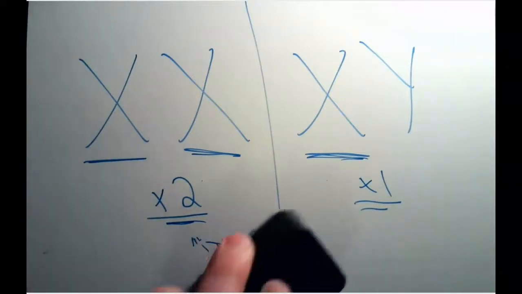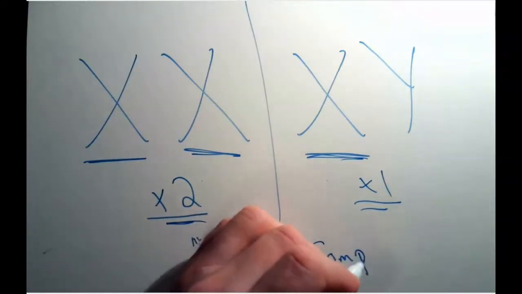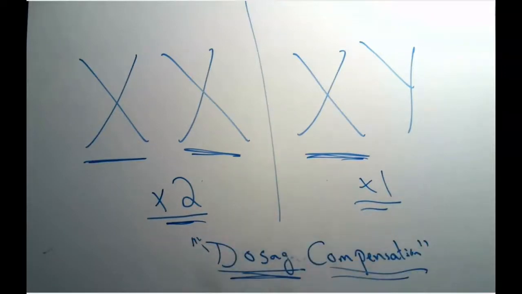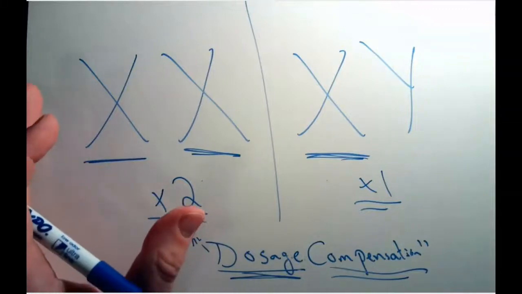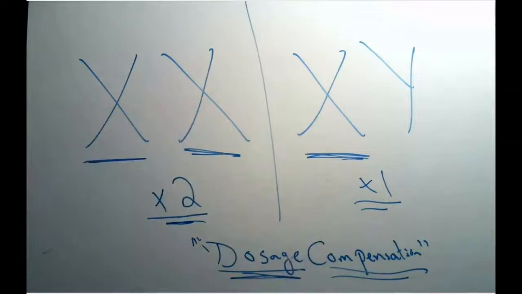So what we need to do is compensate for this dosage imbalance. We need to have dosage compensation. We need to find a way where we can get the amount of protein in these two members of the species equal. There's really only two strategies you can do.